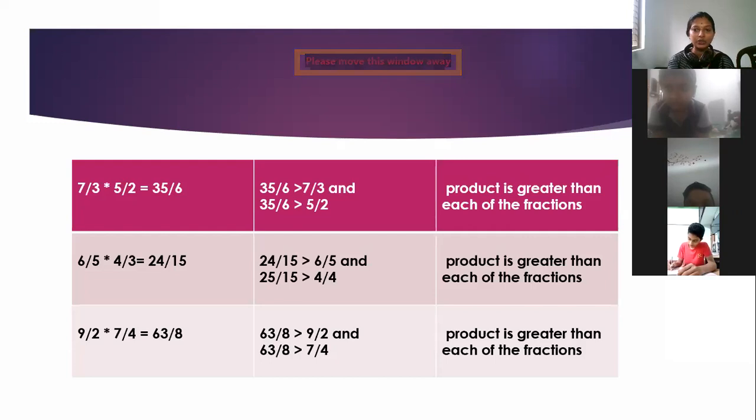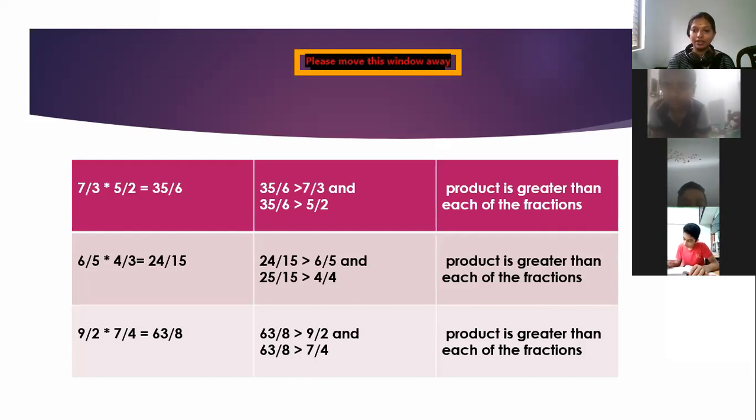How many 6s are 24? 4. So you will get the numerator as 4. So 6 by 5 into 4 by 3 is our product, and the result is 24 by 15.